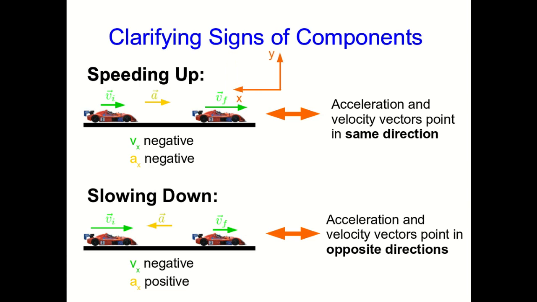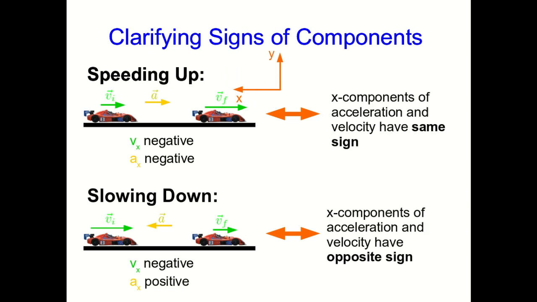On the other hand, if I flip the axes around, all those signs change. What we can now say in terms of the signs of the components is that for an object speeding up, moving along the x-axis, the x components of its acceleration and velocity have the same sign. And if it's slowing down, the x components of acceleration and velocity have opposite sign.